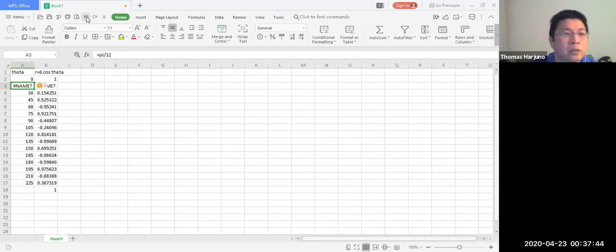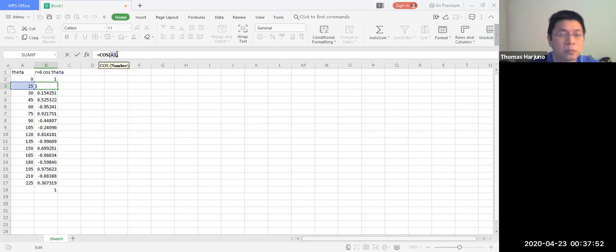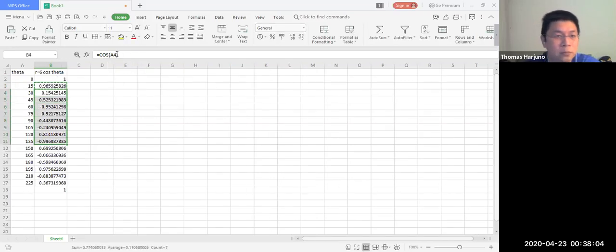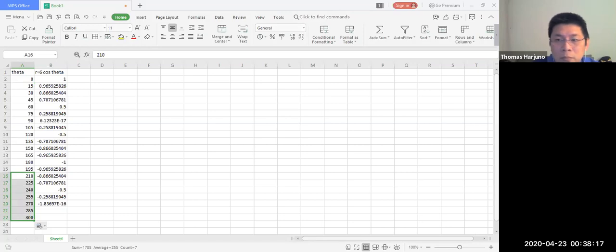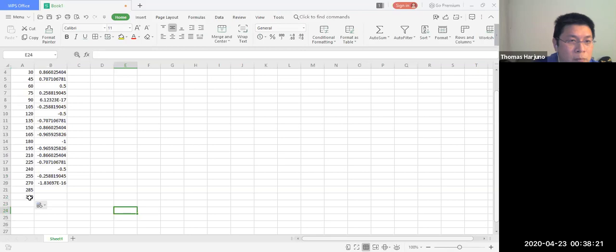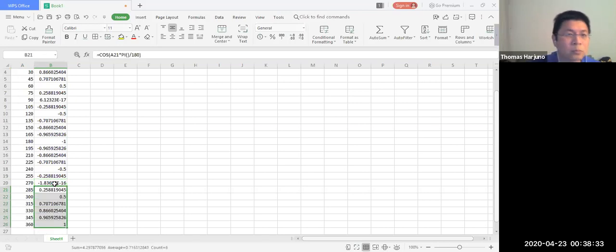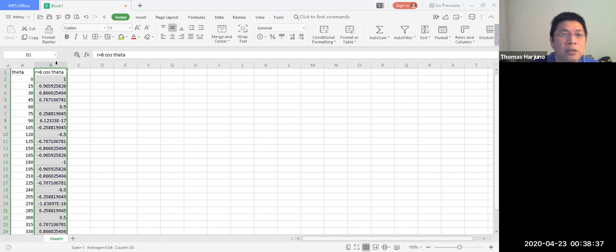Keep it at 15 degrees. This is the one I changed into radians, by pi divided by 180. Let me make it only 2 decimal places.